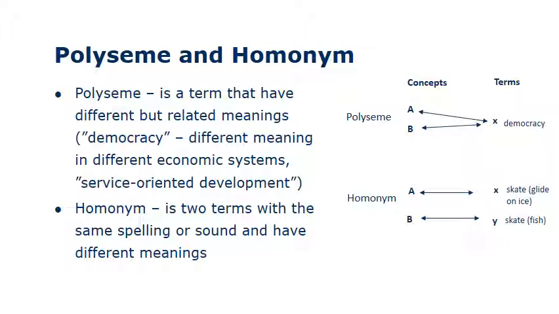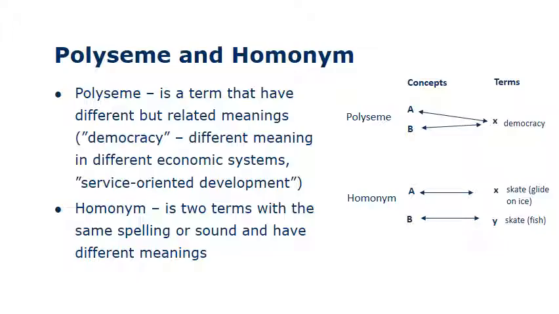The same thing with service-oriented development, which has been very popular among companies. Many companies claim that they are service-oriented and that they are carrying out service-oriented development, even though they mean different things with service-oriented development.